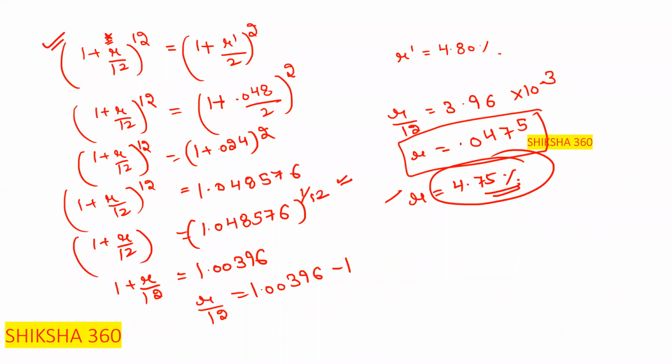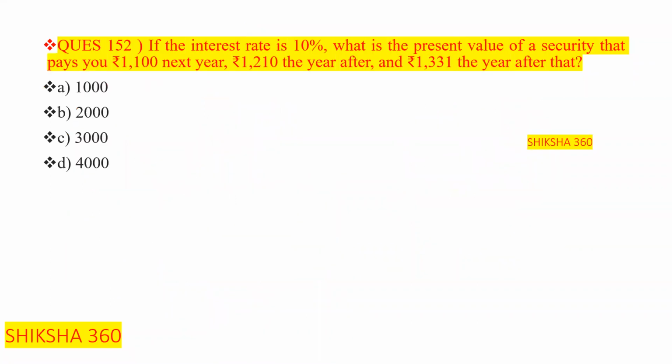Now move to the next question, question number 152. Very easy question, one of the easiest questions, which I will provide you in the form of a quiz. Question number 152 says that if the interest rate is 10%, what is the present value of a security that pays 1100 in the next year, 1210 the year after, and 1331 the year after that?